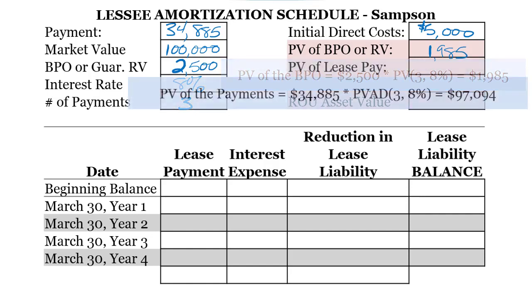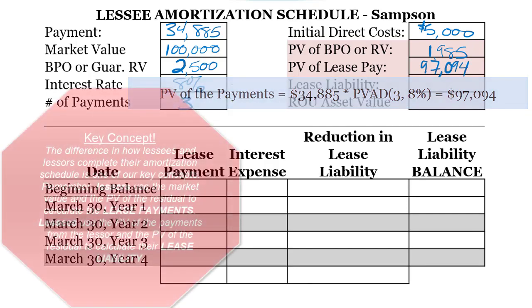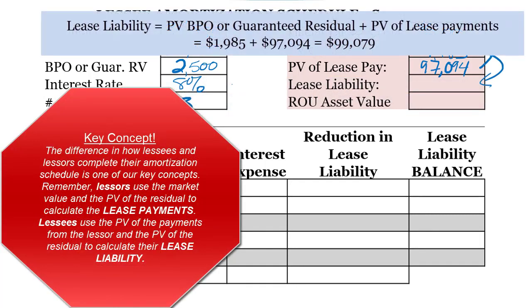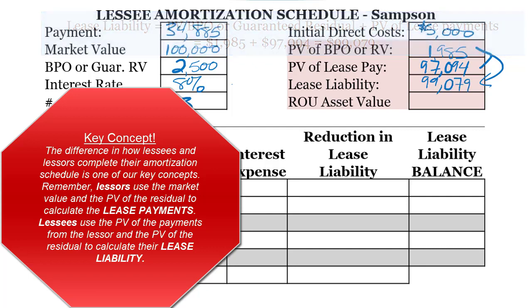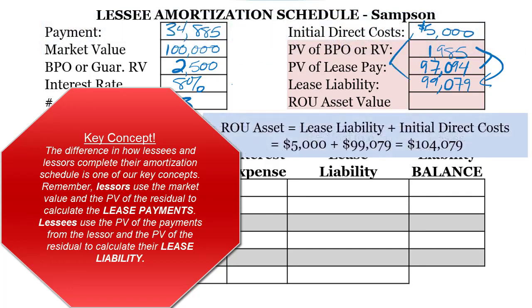The present value of the $34,885 payments, present value of an annuity due, 3 payments at 8% is $97,094. And the lease liability will be the sum of these two, so that's going to be $99,079.